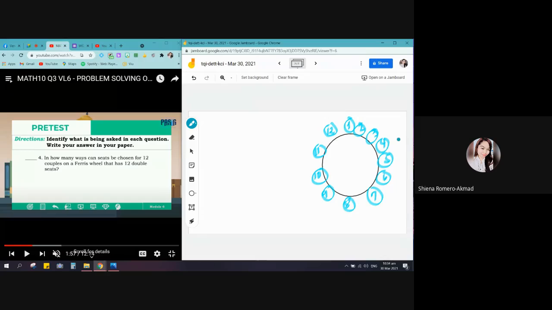Kailangan, of course, naka-circular siya. Mag-a-assign tayo ng isa as the starting point. Kung circular siya, syempre ang formula natin, n-1. Kasi alam natin, dyan yung counterclockwise, clockwise. We can identify if it's clockwise or counterclockwise.